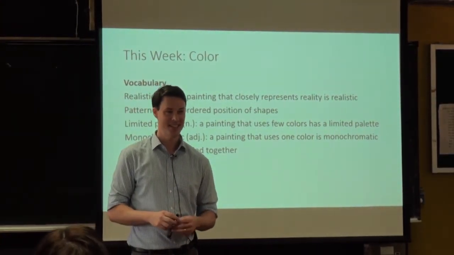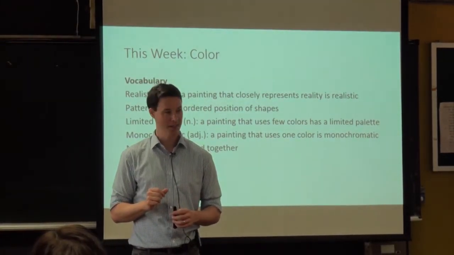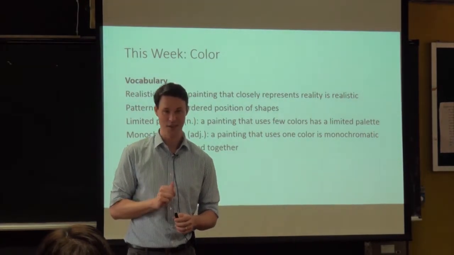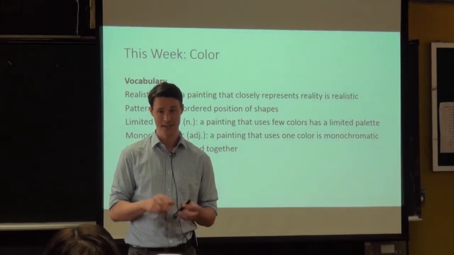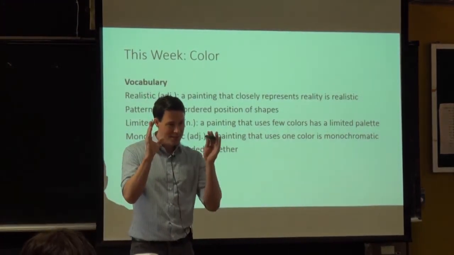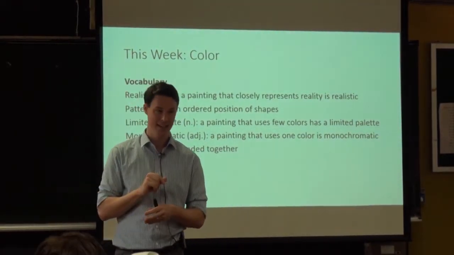The answer is cameras. Cameras were invented in the middle of the 1800s, about 160, 170 years ago. Cameras first started being developed, so people could use this new technology and capture reality.